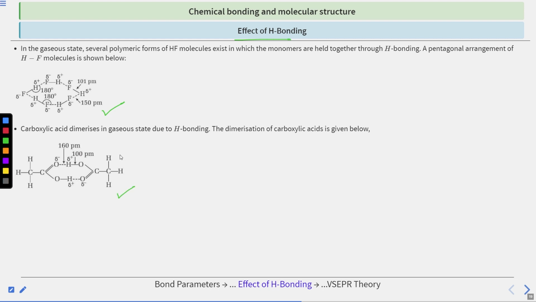This is the molecule of carboxylic acid, CH3COOH, and similarly another CH3COOH. They dimerize due to hydrogen bonding.